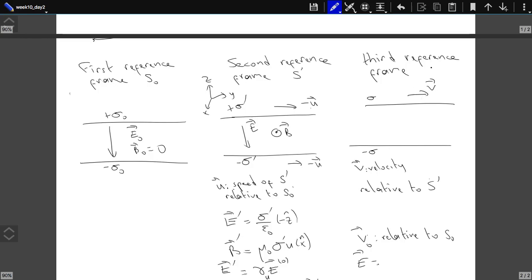Let me call it this reference frame S. Velocity of S relative to S prime, I call it V. And its velocity of S relative to S0, I call it V0.